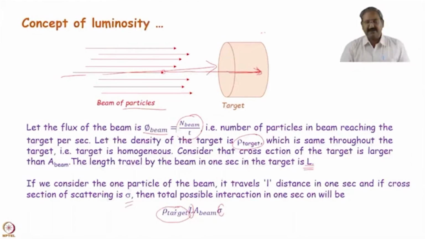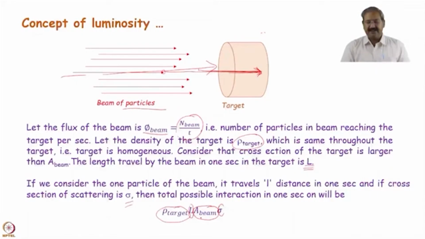So the total number of particles in the target in the path of this particle will be rho times L times sigma. Now if we take the beam's cross section as A, then for one particle it is rho L sigma, so for the whole beam it will be rho L sigma multiplied by the area of the beam.